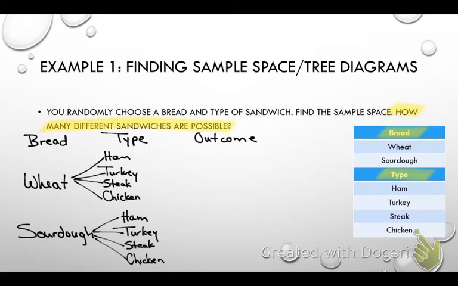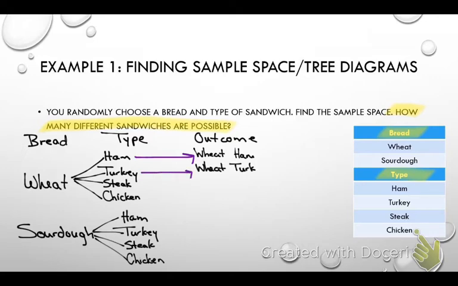All right, and once I have my types listed and matched up, now I bring them across and I'm just writing it out. So if it's wheat ham, then I come over here to my outcome and I write wheat ham. That's one option. And then wheat turkey, so I come over here and guess what I'm going to write?